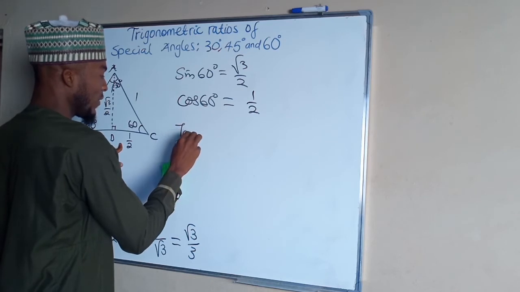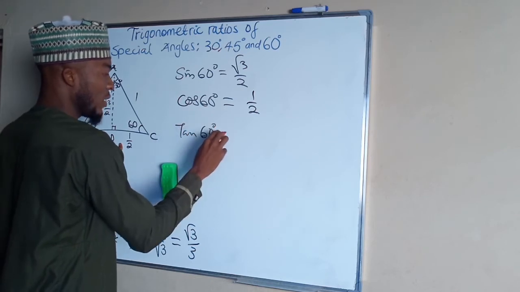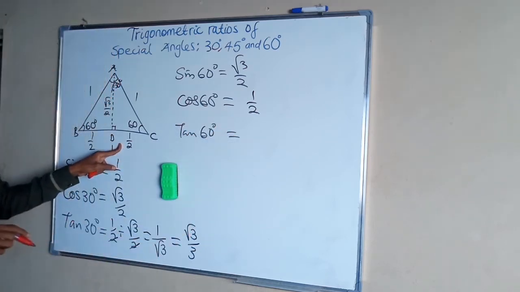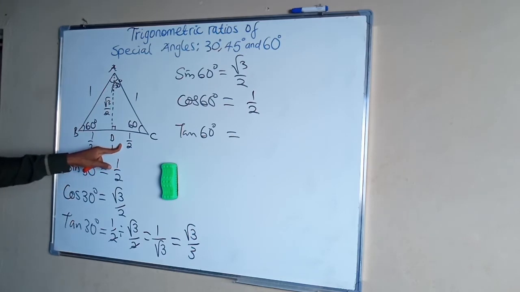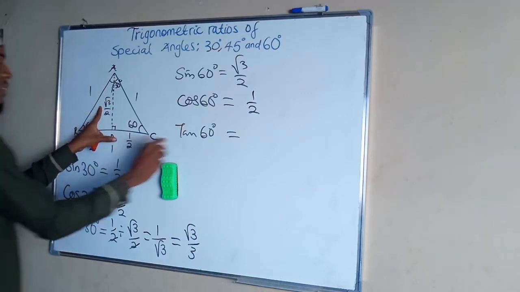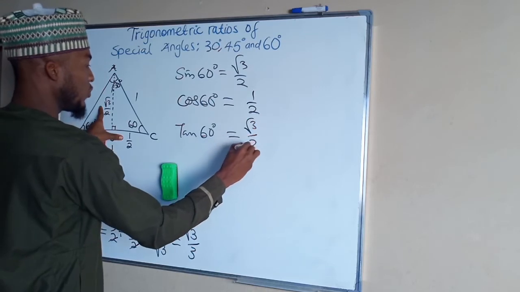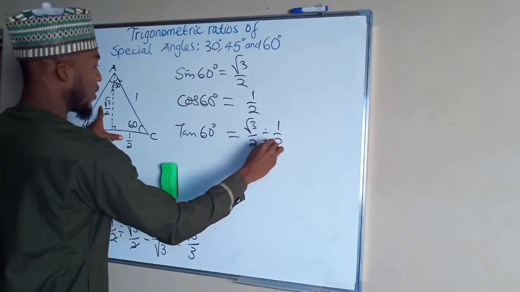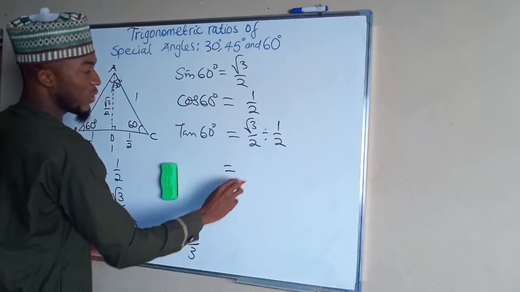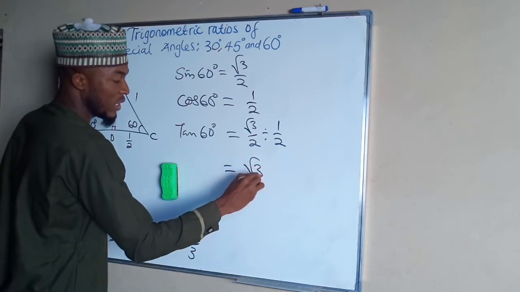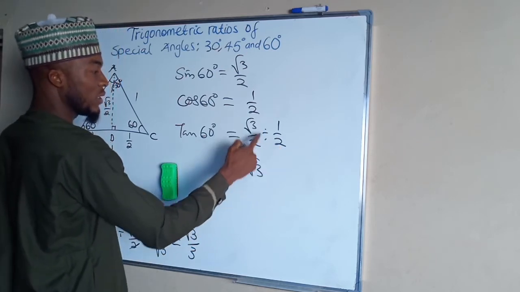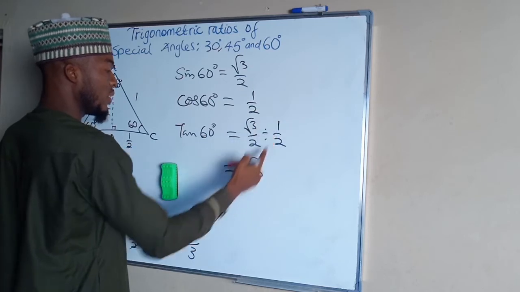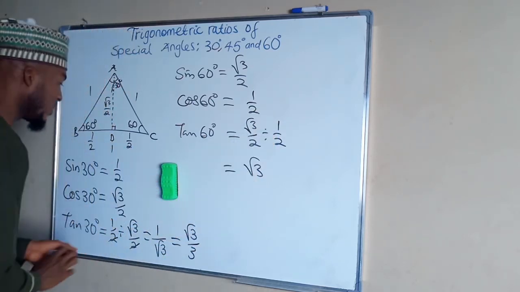And tangent of that angle 60 degrees will be equal to opposite all over adjacent, root 3/2 divided by 1/2. And this will give us root 3 alone, because 2 divided by 2 is 1 and this divided by this is this. So this is all about them.